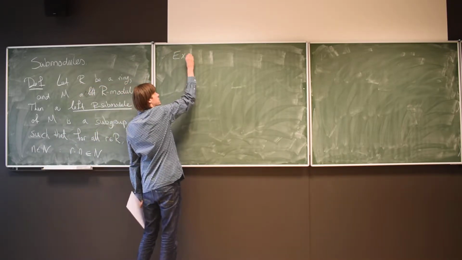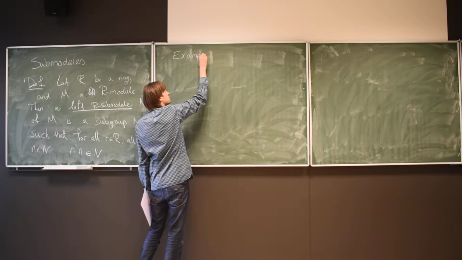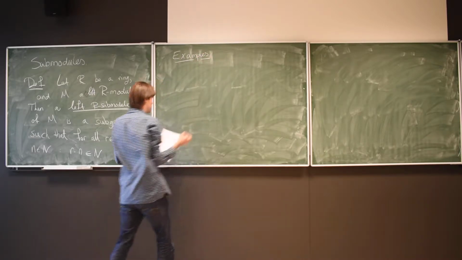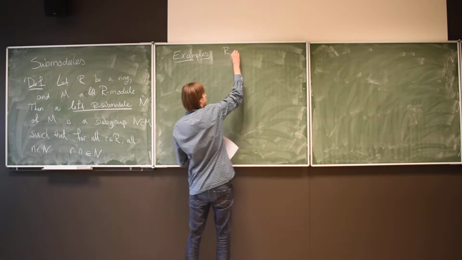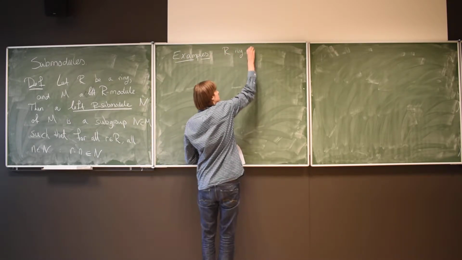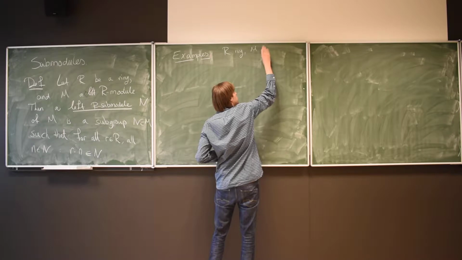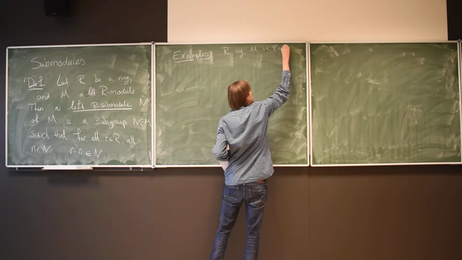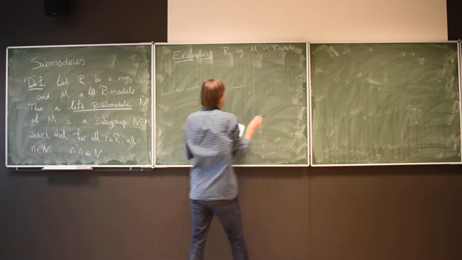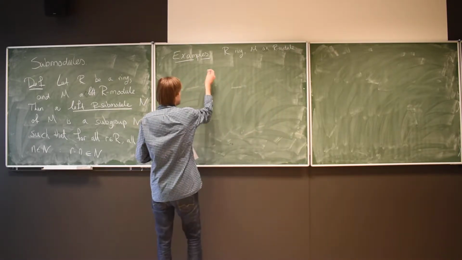Some examples. So let me begin with the trivial examples. So again, I have R a ring and M an R module. Then we have the trivial submodules.